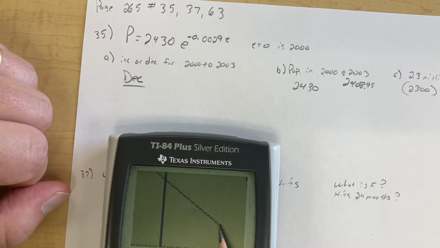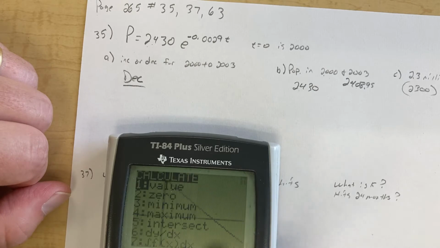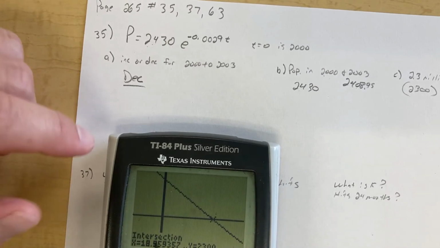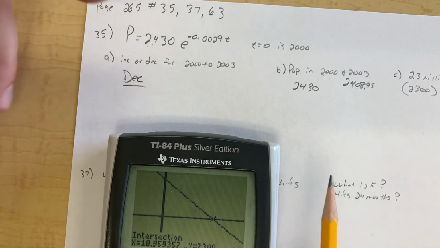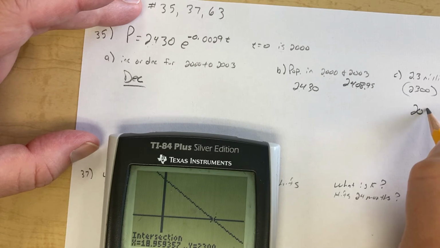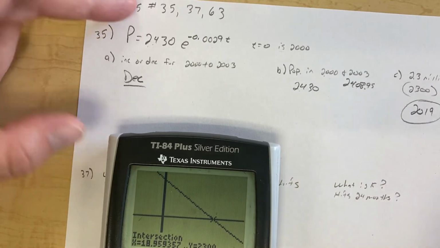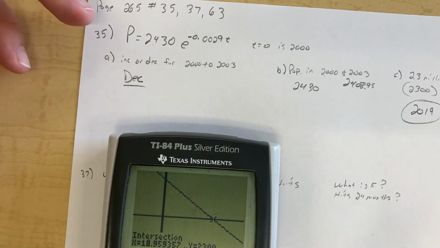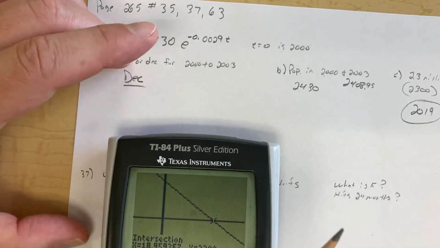There's the population dwindling for this city. There's the 2.3 million mark. Hit intersect, enter, enter, enter. And it's 18.9, so about 19 years from t equals 0, which was 2000, so in the year 2019. And we could get that right off the calculator. We don't have to do any fancy junk. It's fine if you did, but this is a nice way to do it.